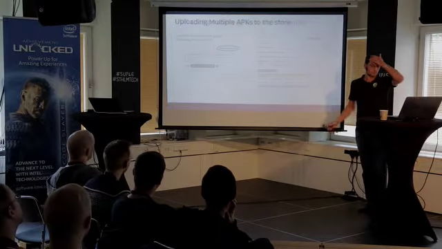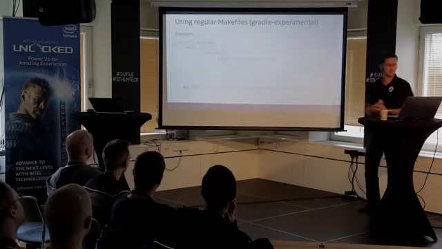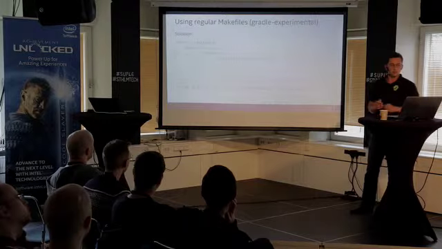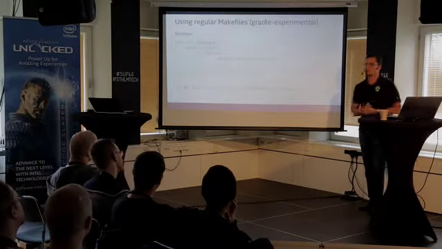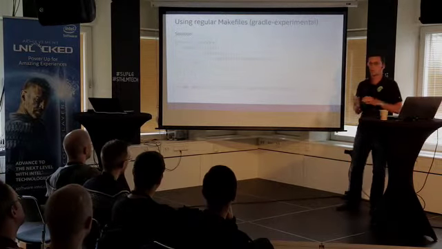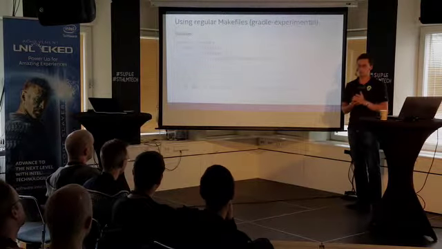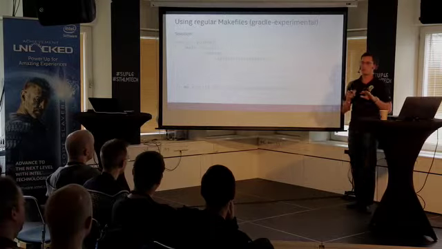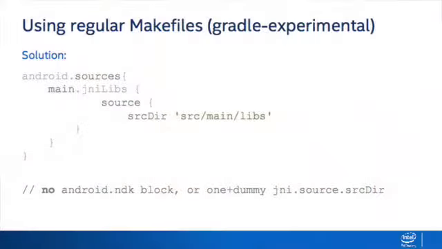I already mentioned all of this, so you don't need the slides. If you want to go further than just some C and C++ sources inside an Android project and everything works, you need to still rely on makefiles, and use the usual way to use the NDK. That means you call the main script of the NDK called ndk-build. That's the script that is responsible for compiling all your sources to .so files.